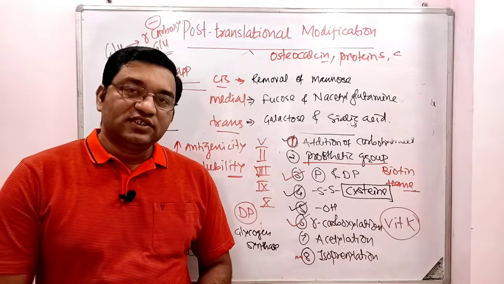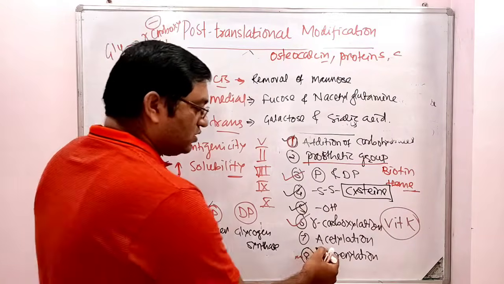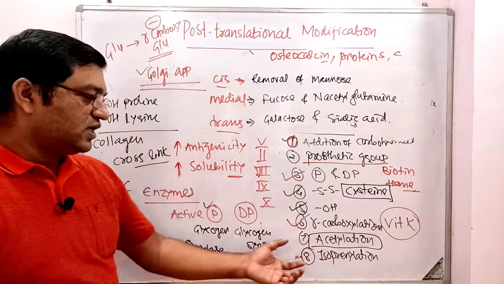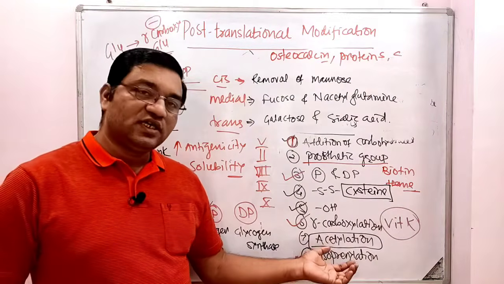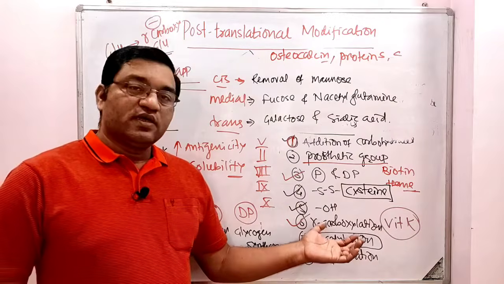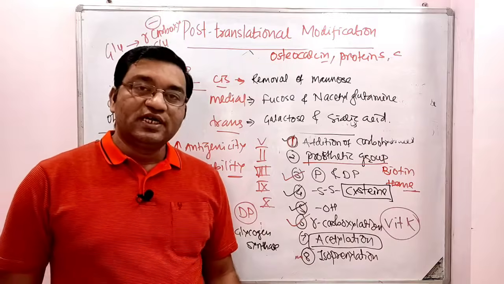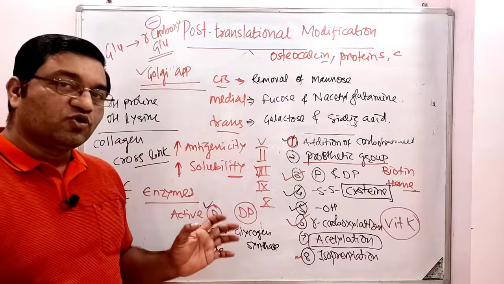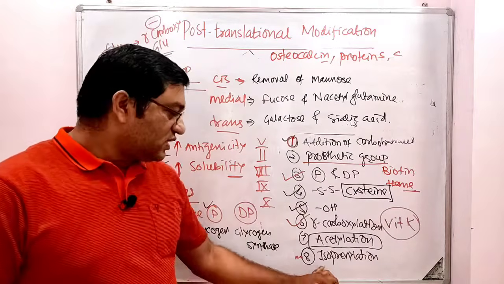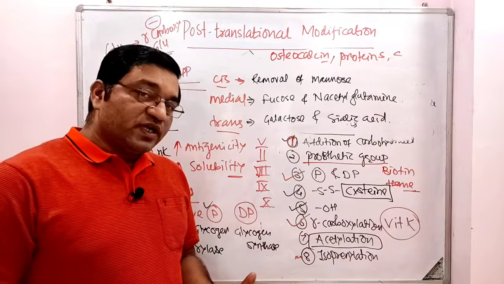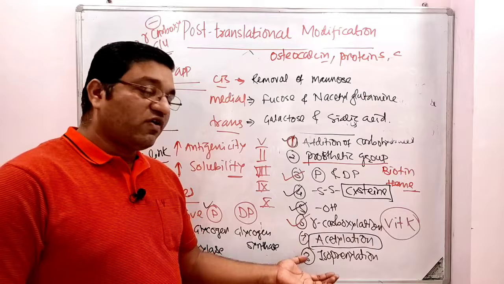Then acetylation of histone, addition of acetyl group to the histone, is one of the post-translational modifications. Then isoprenylation means addition of isoprenyl group, isoprenyl chain. These are intermediates in cholesterol synthesis. Isoprenyl group, farnesyl, addition of farnesyl.